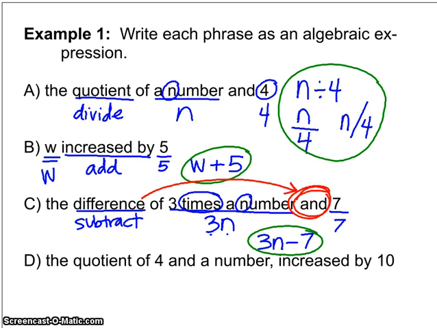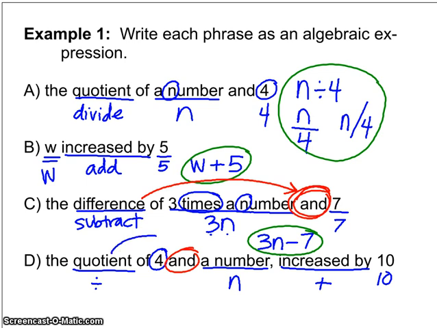And letter D, the quotient, okay, this is division, of 4, oh, there's an and, this is a separator, a number, which we don't know, and then we also have something going on here. We're also increased or adding 10. So let's take a look. The quotient means we're going to be dividing.